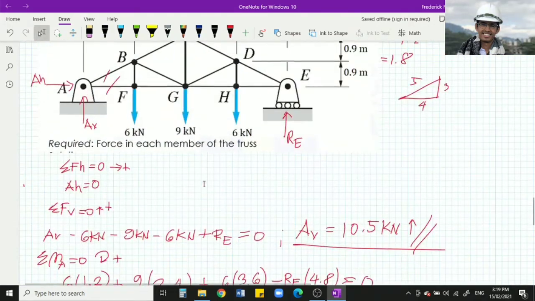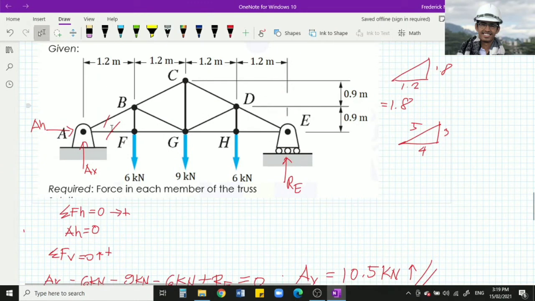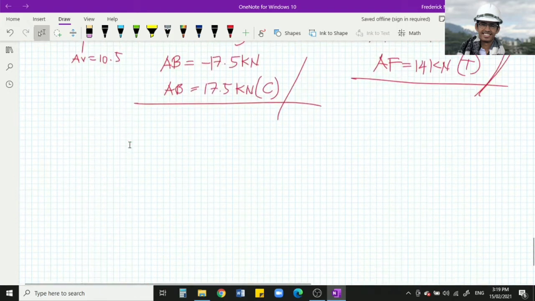So next na joint na pupuntahan natin, dito muna nagsimula tayo dito sa baba, dito sa joint F. So kapag nandito sa joint F, makukuha natin yung force in member BF and in member FG. So meron tayong dalawang unknown. So isolate natin.